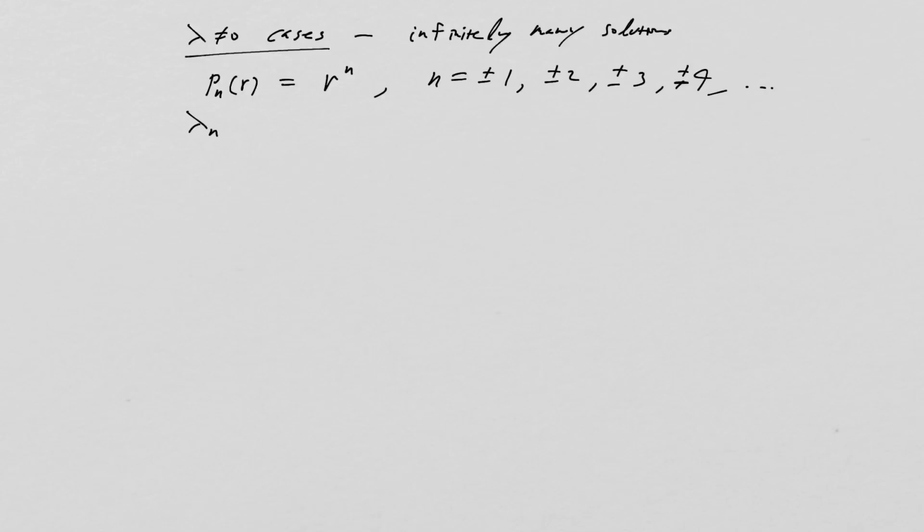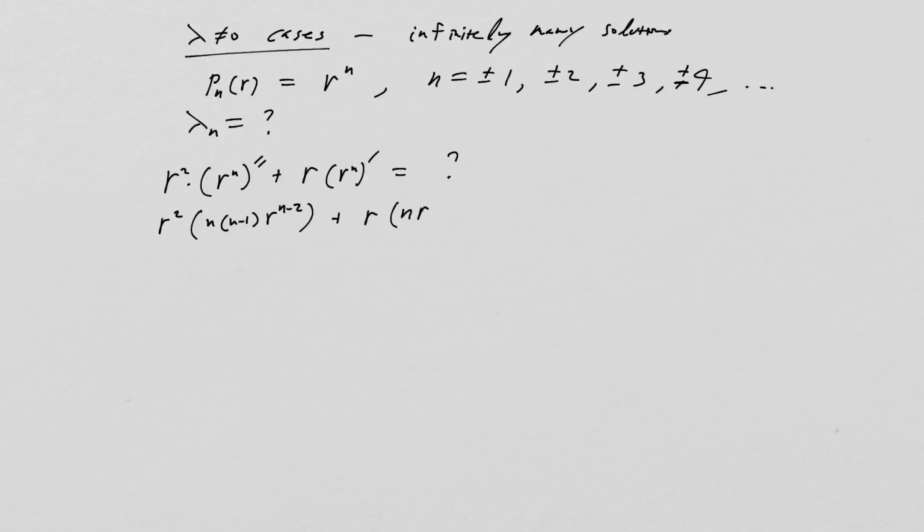So let's find out what our lambda n is by just plugging it in. So we have r squared times r to the n double prime plus r times r to the n single prime. And now we want to know what this is equal to. Okay, so we have r squared n times n minus 1 times r to the n minus 2, plus r times n times r to the n minus 1. Okay, so what's this equal to?